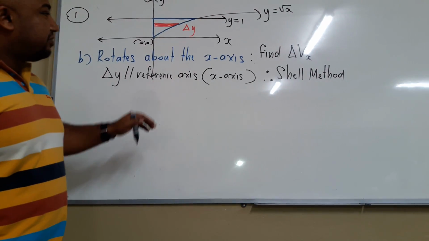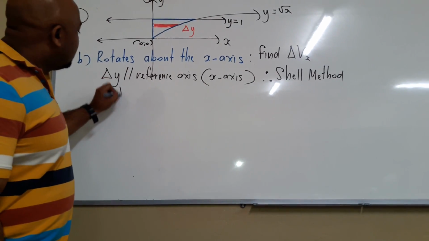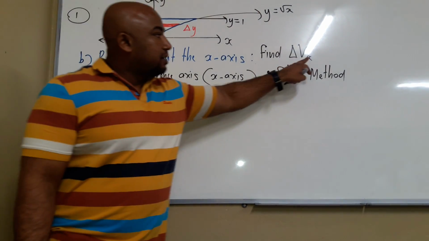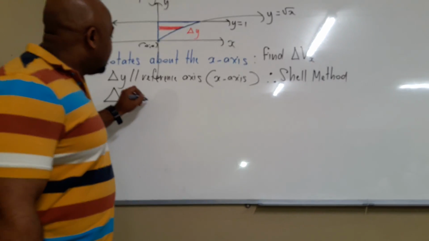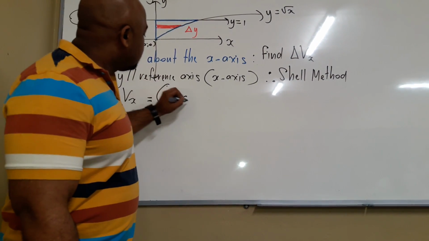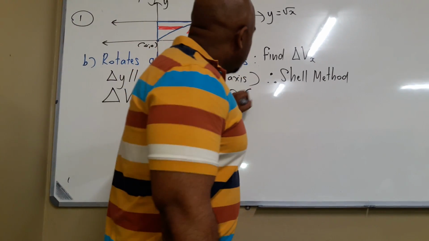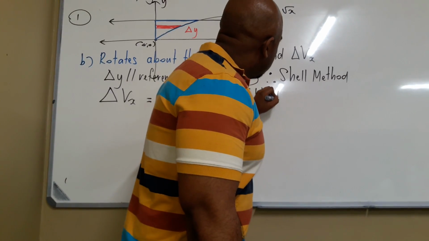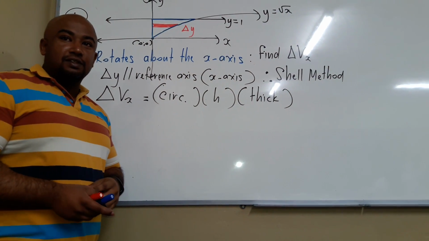Right, so now the formula for the shell method. What are we finding? Delta Vx, that means rotating about the x-axis. So the shell method is circumference times the height times the thickness.